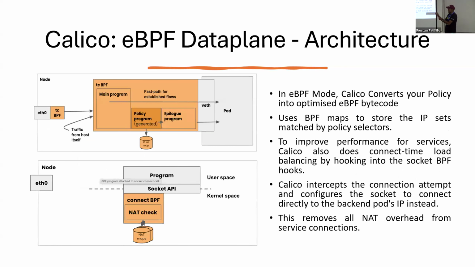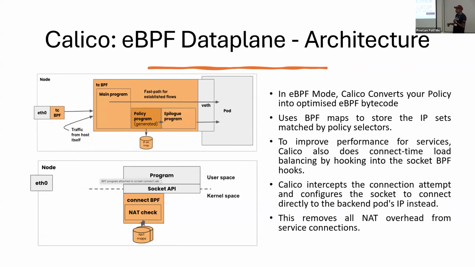So if we expand a little bit further into the TC itself, right? It typically has a policy program. As I said, it's auto-generated, right? In this mode, you write the policy, and Calico converts that into optimized eBPF code. You don't have to write it; you just write the policy, and it converts it for you, right?